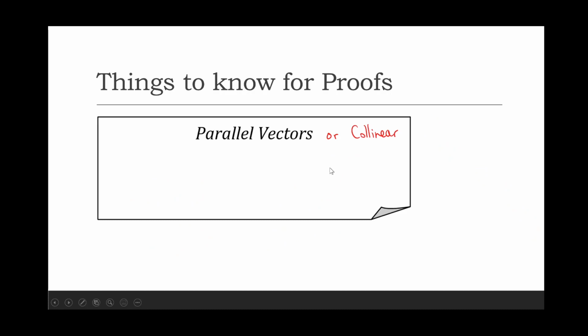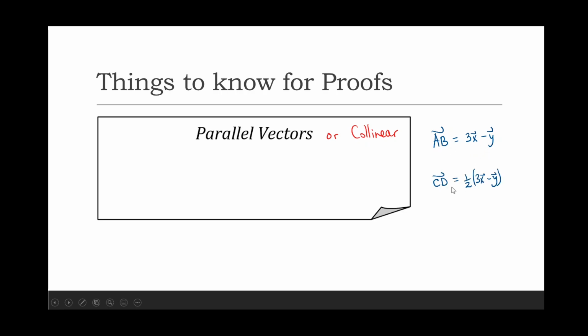Next, if you have parallel vectors, sometimes instead of using the word parallel, a question might say collinear. That means the same thing. They fall on the same line. So this is just an example before I put the final result over here. Suppose somewhere in your proof you came up with a relationship for vector AB in terms of x and y vectors.